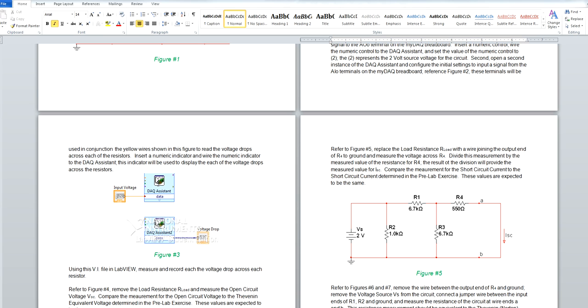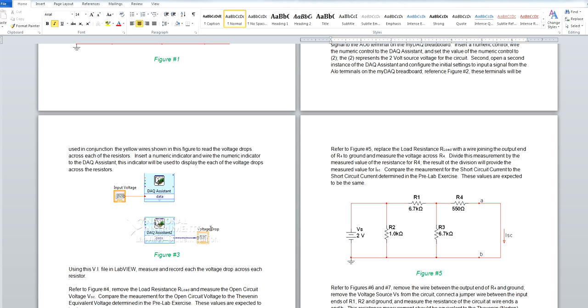We're going to open a myDAQ assistant, an input controller, rename it input voltage, and assign it 2 volts. That will send out the power. This particular myDAQ assistant will send power out to the myDAQ breadboard.